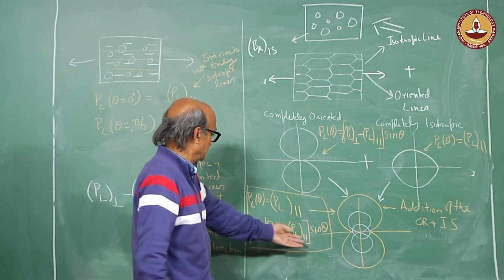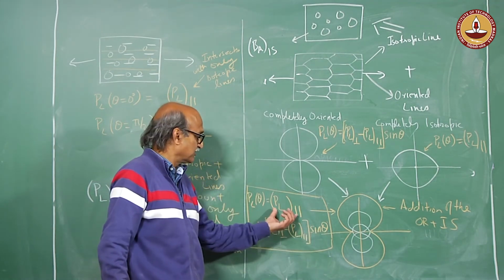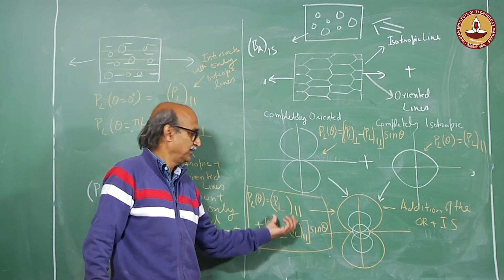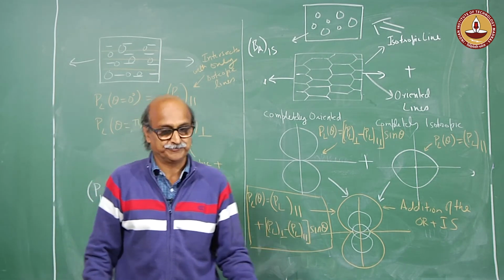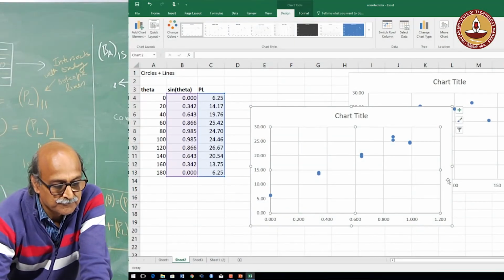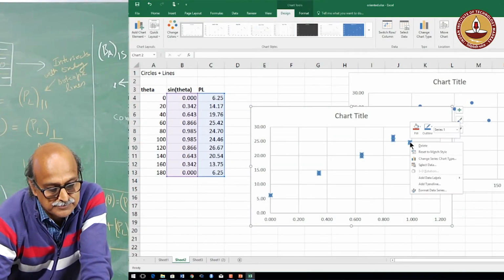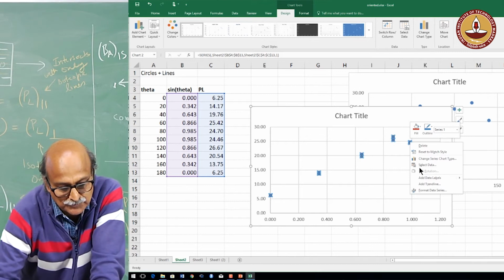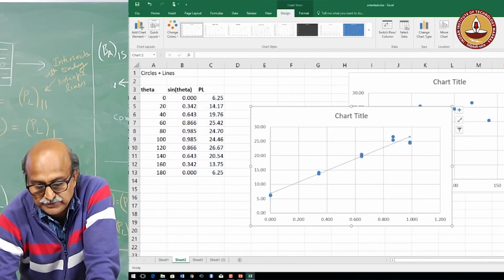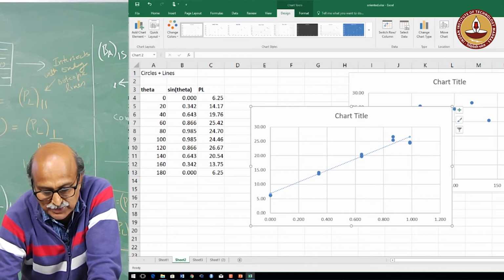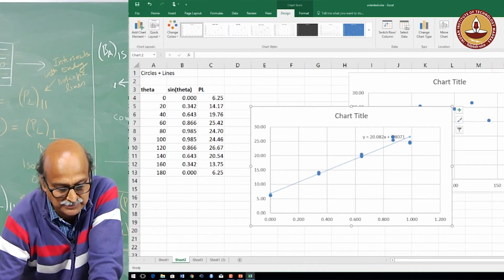Looking at this equation, I should get a straight line with an intercept of PL parallel and a slope of PL perpendicular minus PL parallel. So, add trend line, linear is selected, I want to display the equation, and that is it.